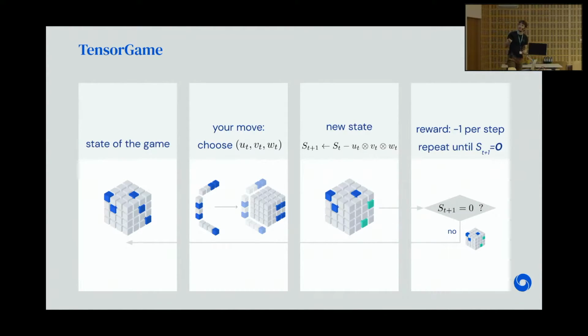If the player manages to go from the matrix multiplication tensor, by subtracting in each step this outer product, to the 0 tensor, then the things that got subtracted in every step must sum up to the matrix multiplication tensor. Because you started with the matrix multiplication tensor, you kept subtracting something, you got to 0. So the things you were subtracting must decompose the starting point. Thank you very much.